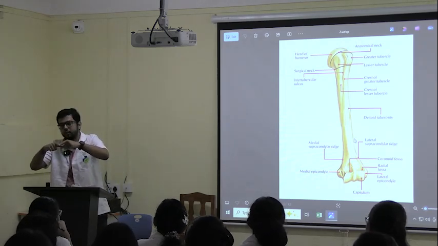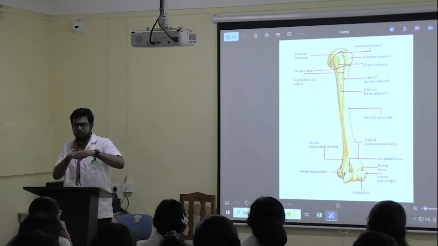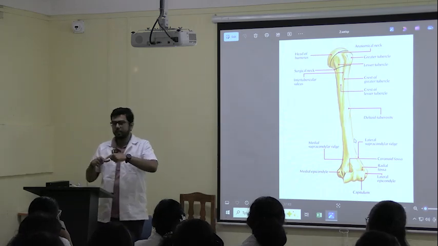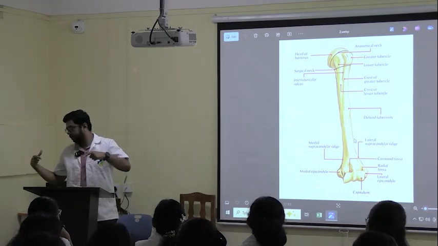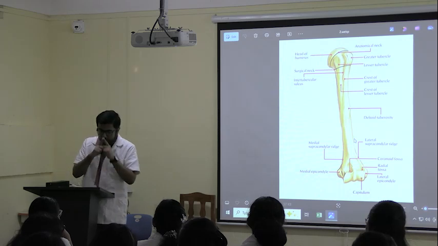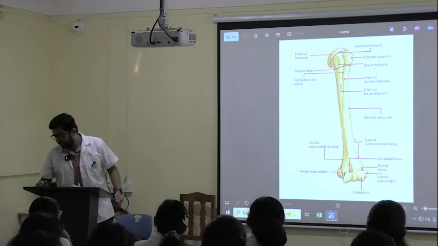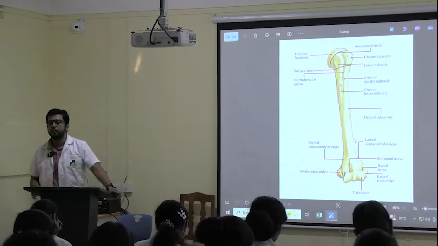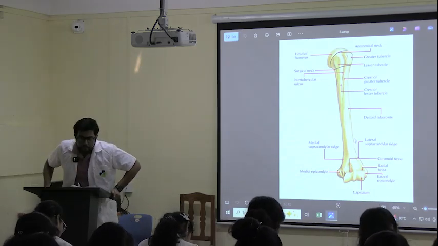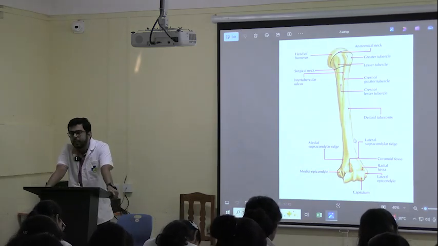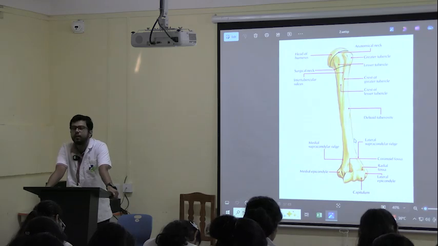Anterior or posterior? And this, if it is right sided, then no. Lateral and medial, okay? This will be medial, this will be lateral. So in the lower part, there are three borders: anterior, medial and lateral.